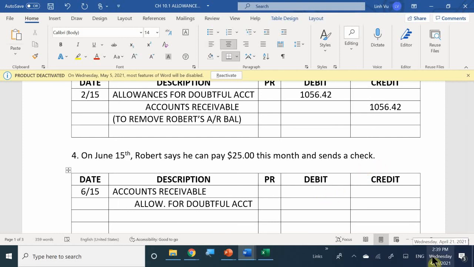So we're actually going to use the total amount because what if he pays us next month? What if he just pays off the whole entire amount because he says he could? Then we would have to do that transaction over and over again. Make sense? So it's better to just do it. Exactly. We're basically reactivating his account.